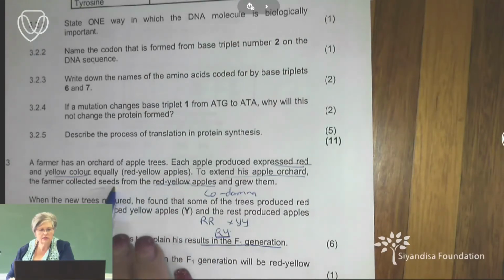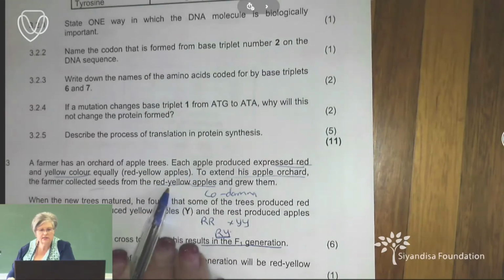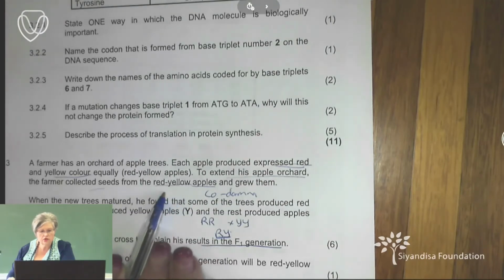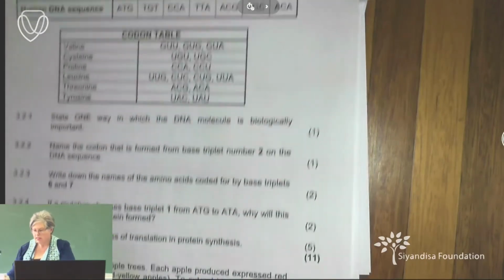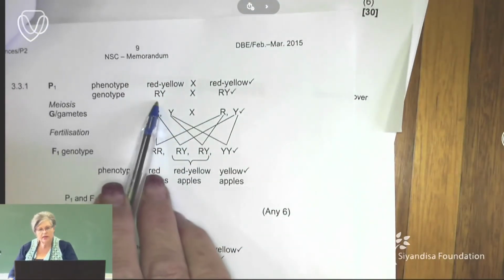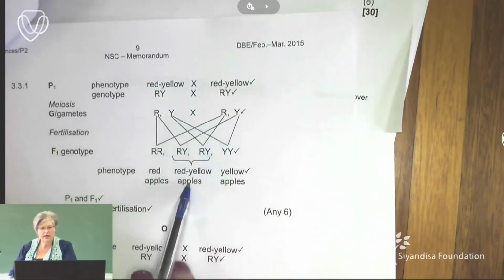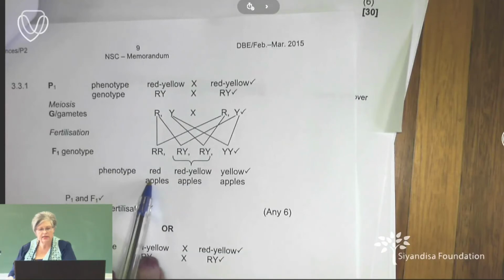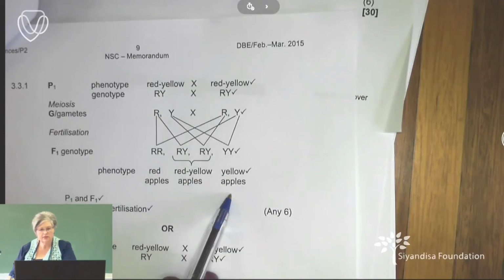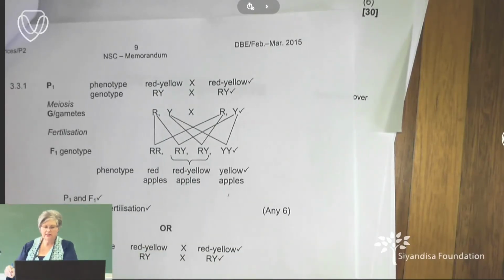And all the ones that he got were red and yellow. So he used red and yellow as the parents, and he crossed them, and at the end he got red apples, red and yellow apples, and yellow apples. Okay. So where does the difference lie?